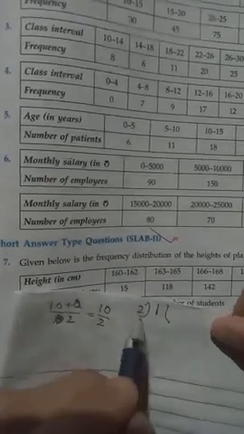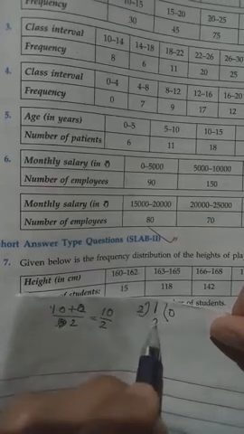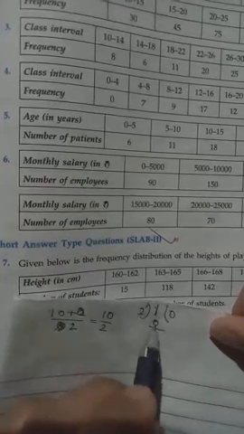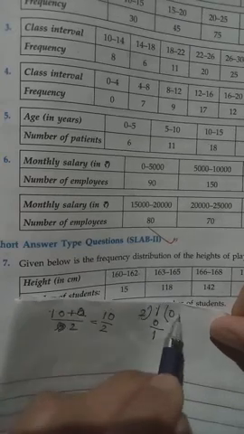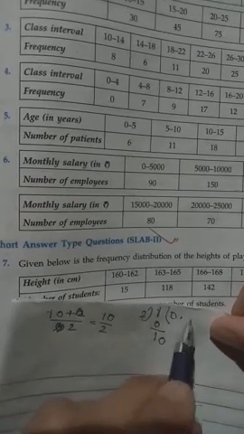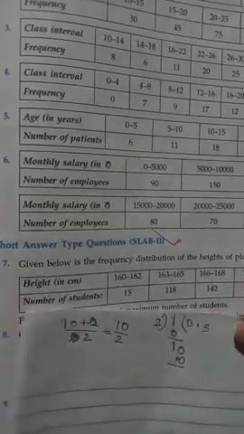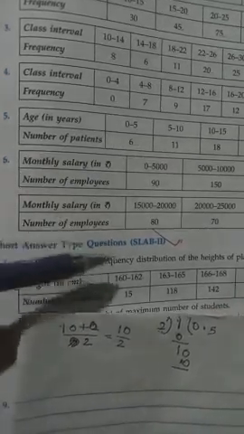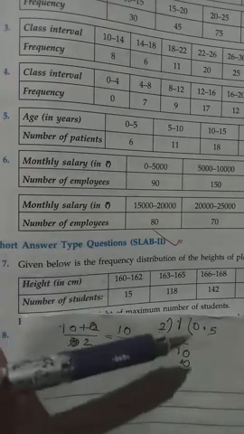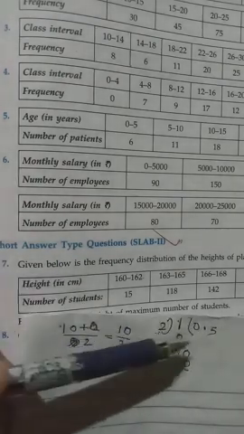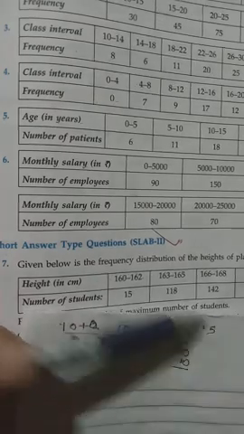1 divided by 2: you put a decimal, 10, 2 fives are 10. So we will have to adjust the class interval by 0.5. Remember how I get 0.5?